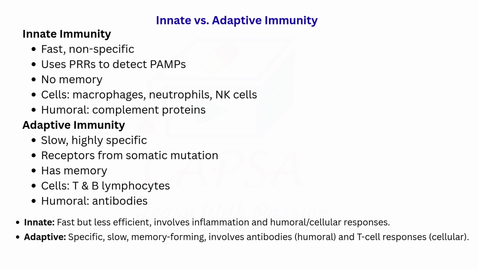Let's break down the two main arms of the immune system: innate immunity, which recognizes general patterns found in microbes. These are called PAMPs, or Pathogen-Associated Molecular Patterns. It uses receptors encoded in our genes known as pattern recognition receptors. The response is immediate, but it does not form memory.